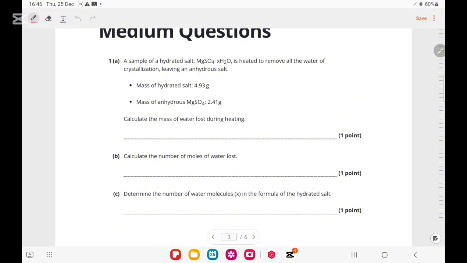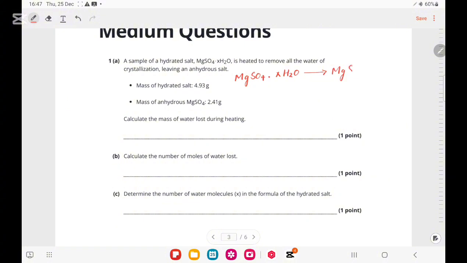So in this question, it says that a sample of hydrated salt is heated to remove all the water of crystallization. So first of all, this is a hydrated salt of magnesium sulfate which contains X number of water molecules, and when they are heated, then what happens?